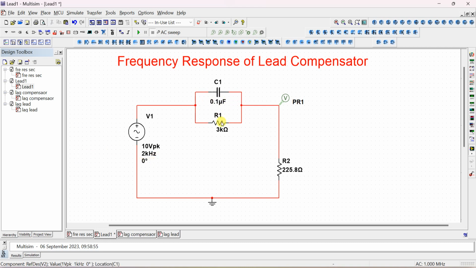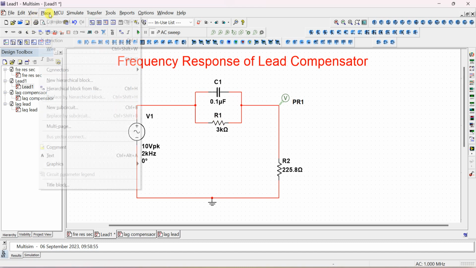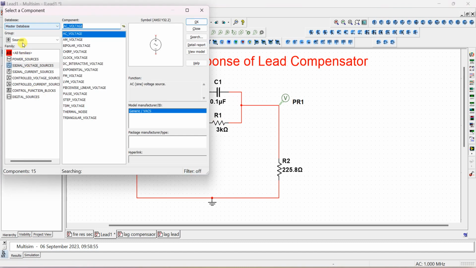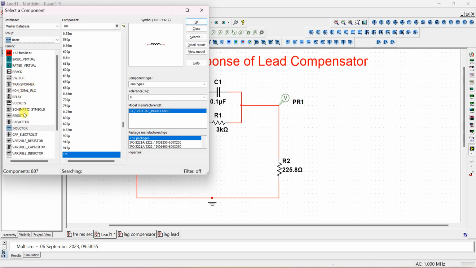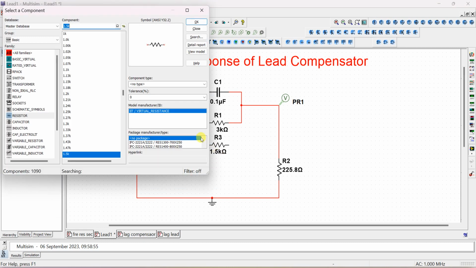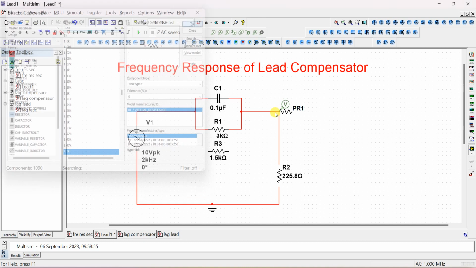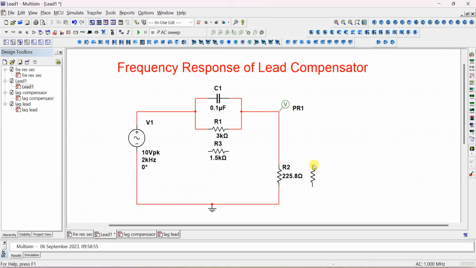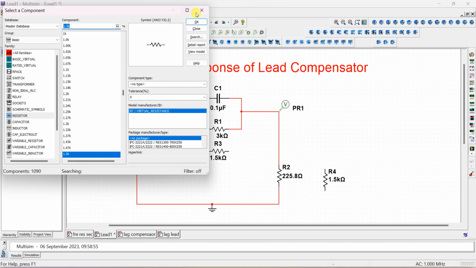After that, you go to place component and place one resistor. It is available in basic. How many resistors do you have to place? Like this, you have to place. One more you can place. If you want to rotate, you can place it like this. I already connected the circuit, I am just explaining how to place a component.